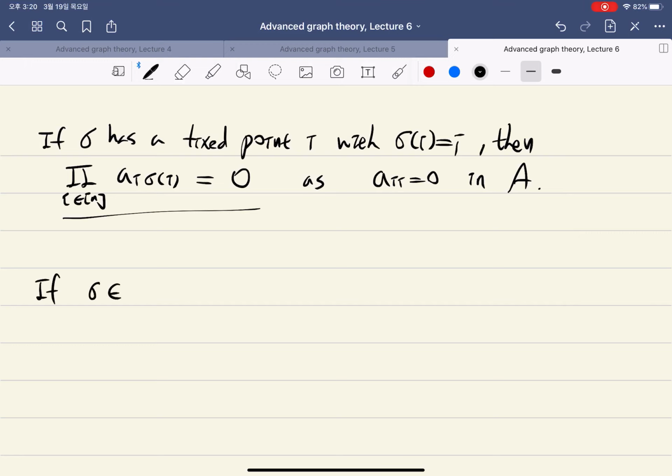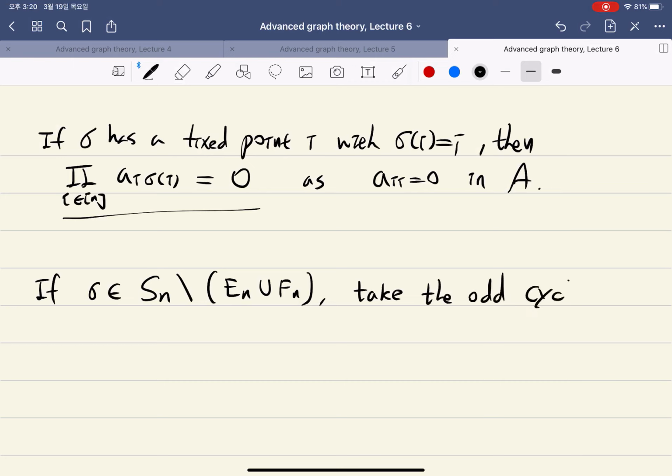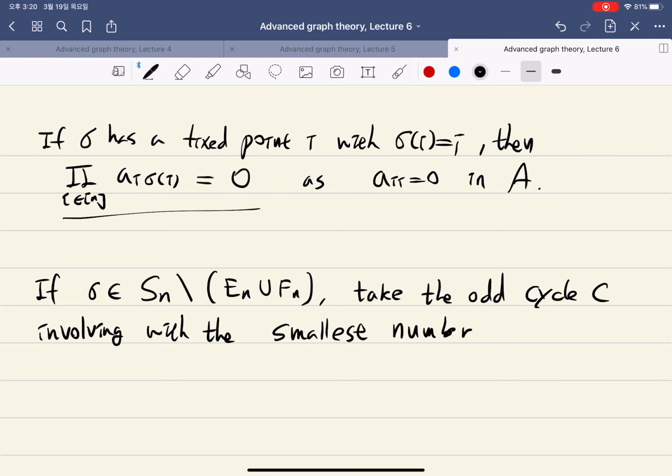And let's consider the next case. If sigma is not in En, not in Fn, then it means that it doesn't contain any fixed point, but it has an odd cycle. Then take the odd cycle. So out of all the odd cycles, we choose the one which involves the smallest number.